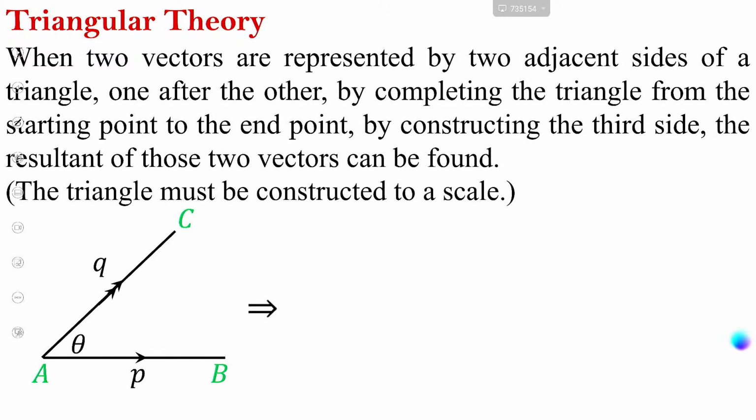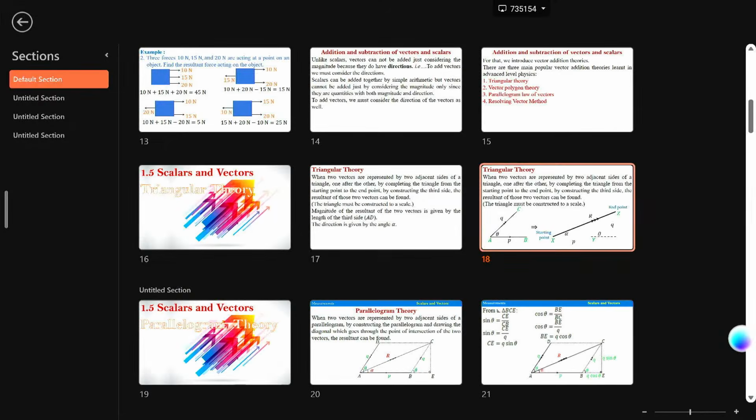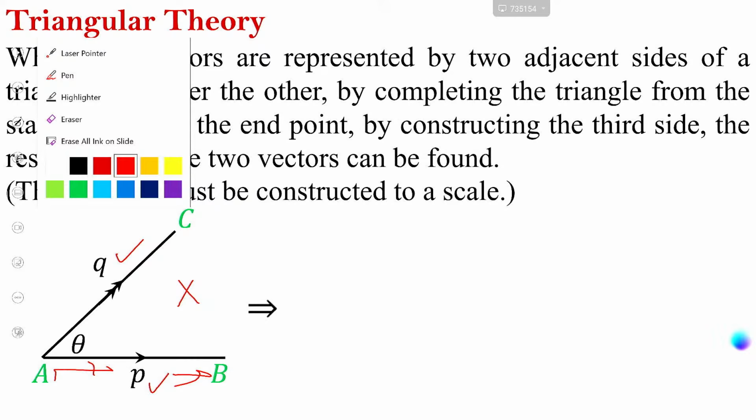So here we have two vectors P, Q, but this is not the expectation. We draw a vector AB.